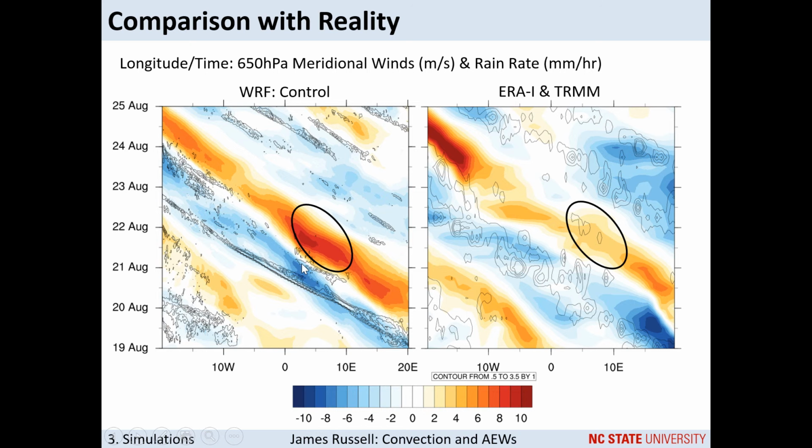You see there was this sort of MCS that moved through the trough for some parts, and that may be associated with an increased PV structure there, whereas we didn't see that so much in the observations, although it's hard to tell with the resolution. But overall, we have a generally similar simulation to our observations, and we're not trying to get it exactly right, we're just trying to show that this mechanism occurs.